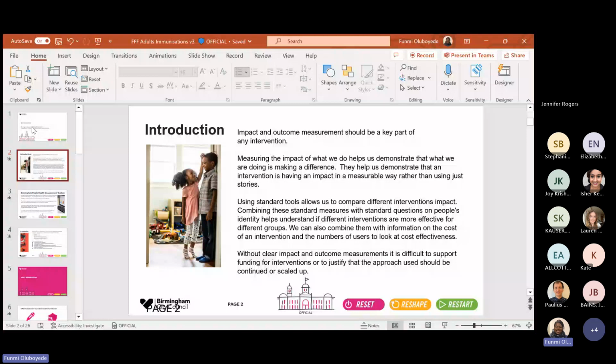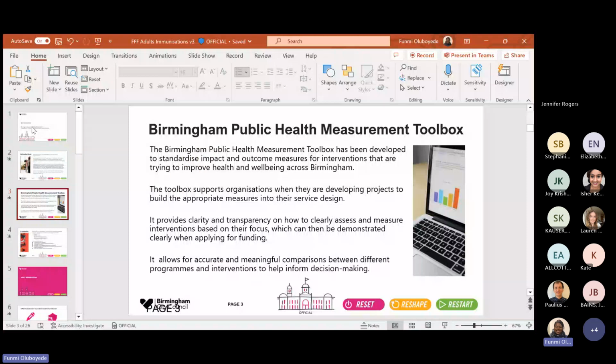continued or scaled up. So the Birmingham Public Health Measurement Toolbox has been developed to standardise impact and outcome measures for interventions that are trying to improve the health and well-being for our citizens across Birmingham. The Toolbox supports organisations when they're developing projects to build the appropriate measures into their service design.